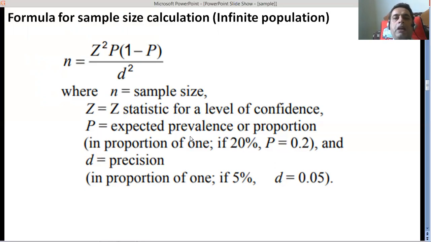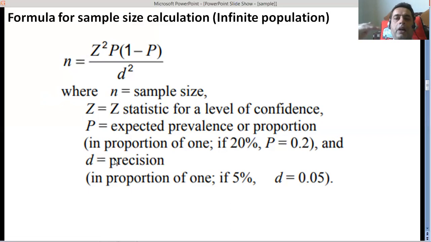Similarly, P is the expected prevalence or proportion. In proportion of 1, if 20%, P is equal to 0.2. You represent 20% as P equal to 0.2, and d is the precision. We also call it the margin of error. So you should define this margin of error, or precision, that is, how precise your data will be.